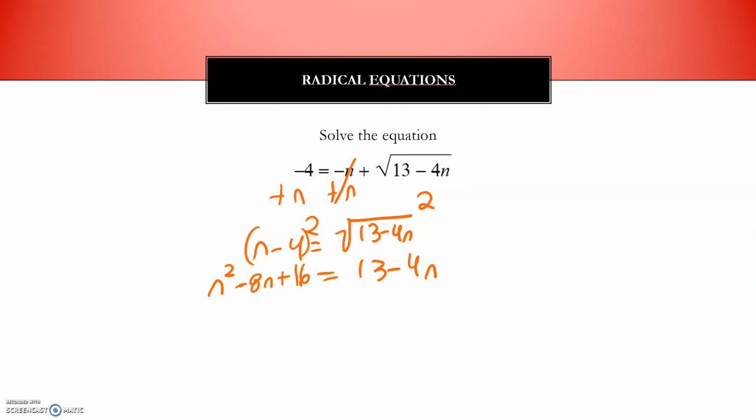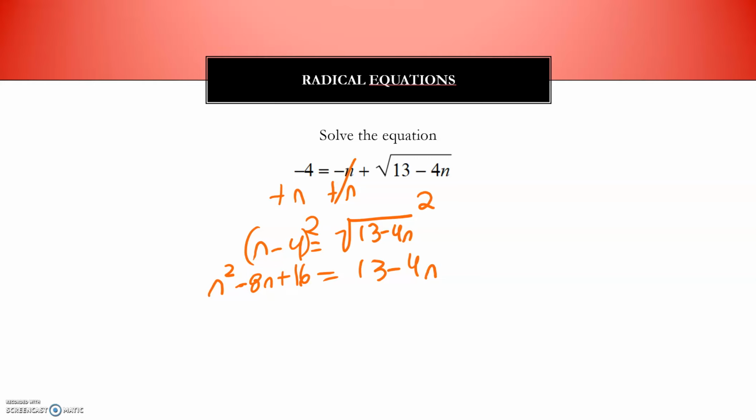Now, same issue as the one before the last one we did. You have a situation where you have the quadratic term n squared, the linear term n, and a constant.